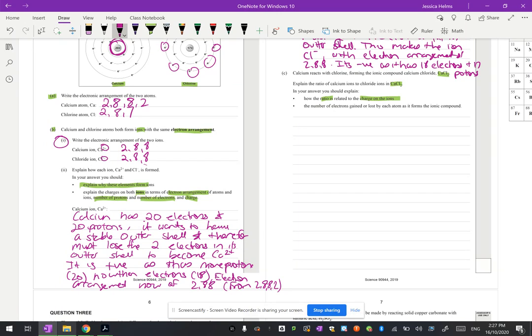Okay, so we know that calcium must lose 2 electrons to become a stable ion, and that is Ca2+, with a positive 2 charge on it.